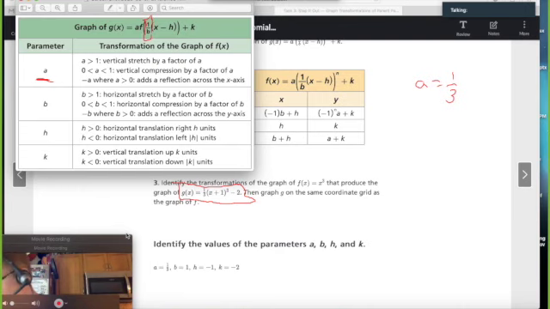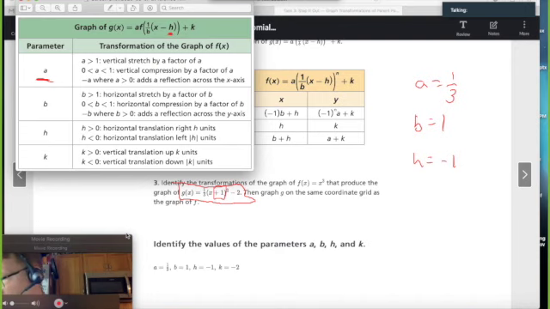And so in that case, our b is going to be equal to 1. So then our plus 1 right here is going to be our minus h. So if we were to add a number into h to get it to plus 1, we would stick in -1 to change that sign.